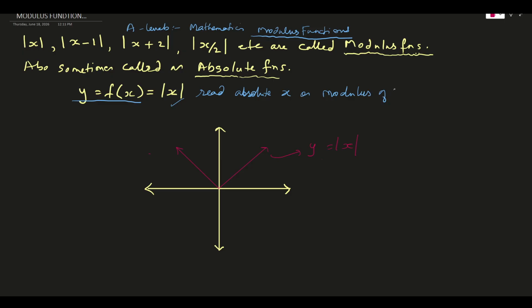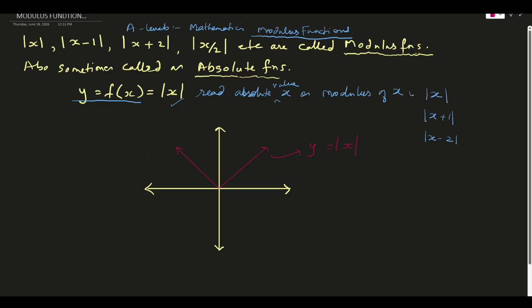Absolute value of x, and it's a function, right? It is denoted by putting that variable between two parallel lines. So this is modulus of x, right? Same way, this is modulus of x plus 1, right? This is modulus of x minus 2.